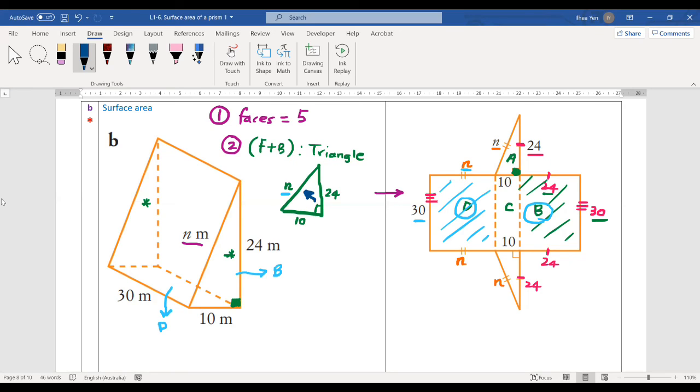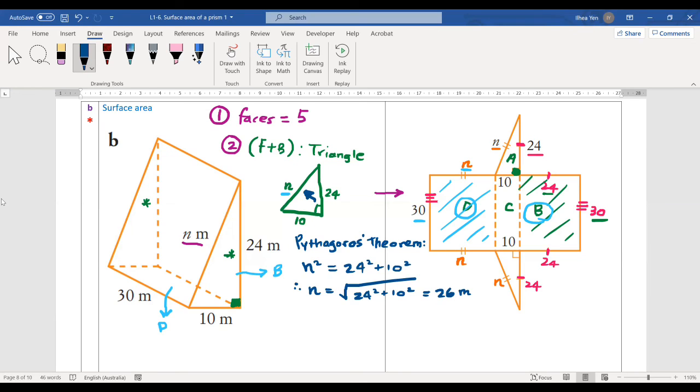So we're going to use Pythagoras' theorem. That means I can write n squared equals 24 squared plus 10 squared, because n is the hypotenuse. Therefore, n equals the square root of 24 squared plus 10 squared, which will give you 26 meters.